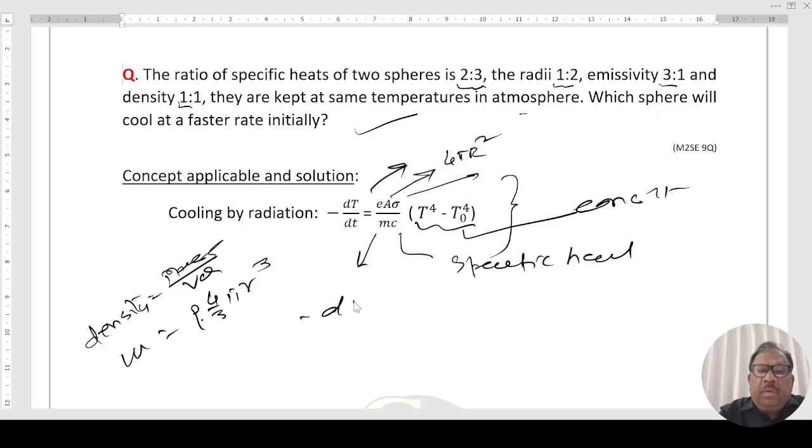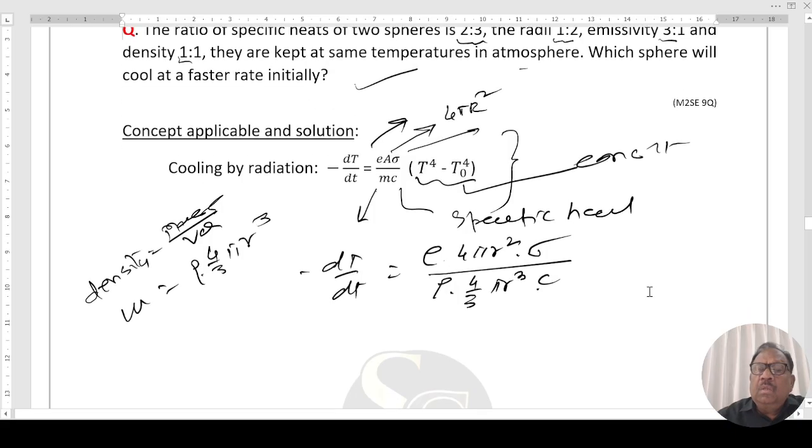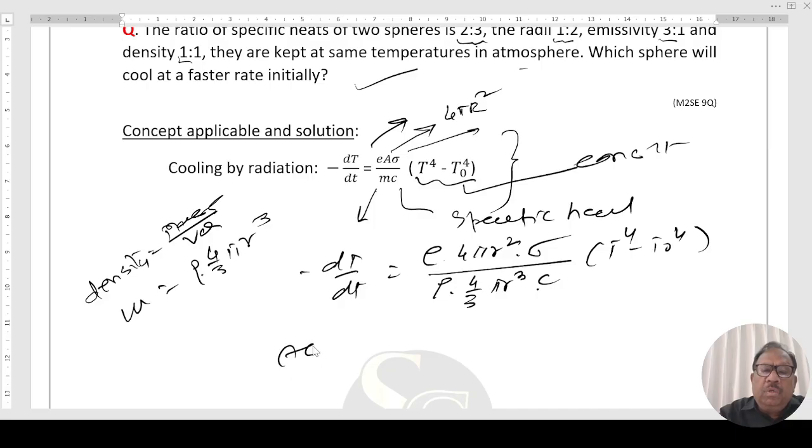So minus dT by dt comes out to be E into 4 pi r square into sigma upon rho into 4/3 pi r cube into C, into T to the power 4 minus T0 to the power 4.